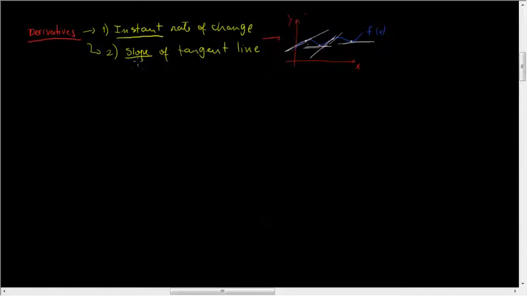First we need to recap slope from algebra. So if you have a line, how can you determine the slope of this line?